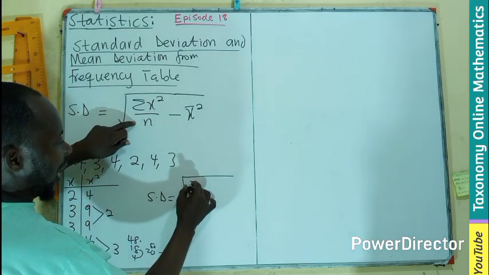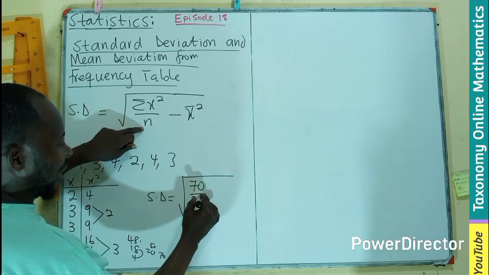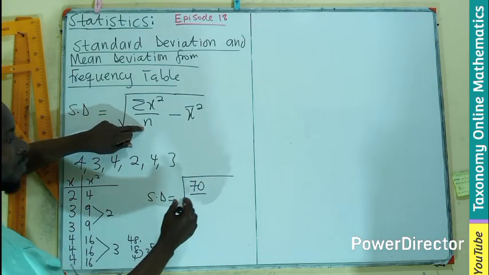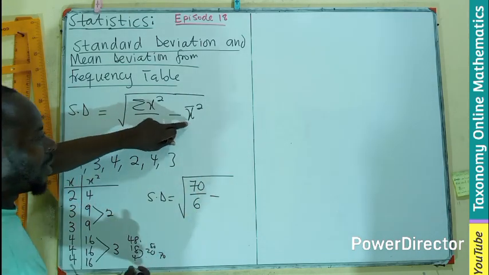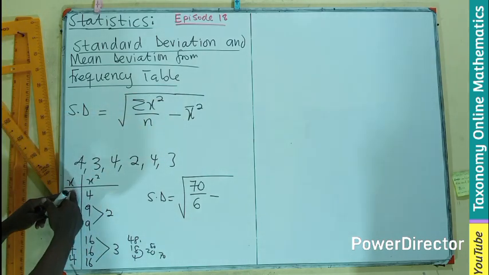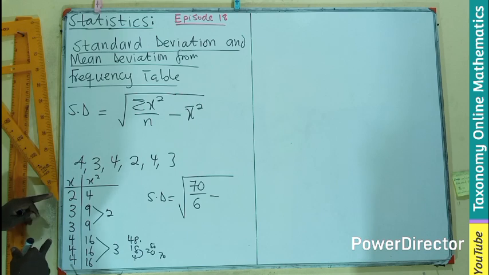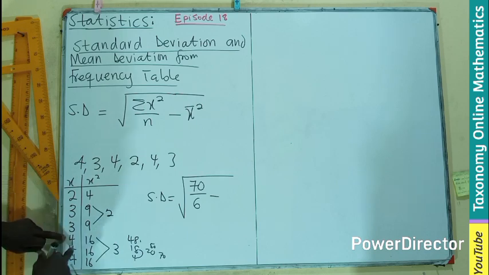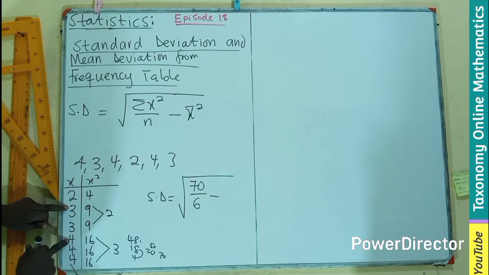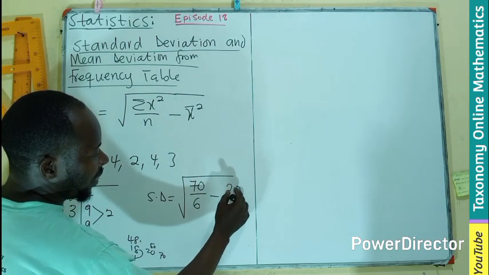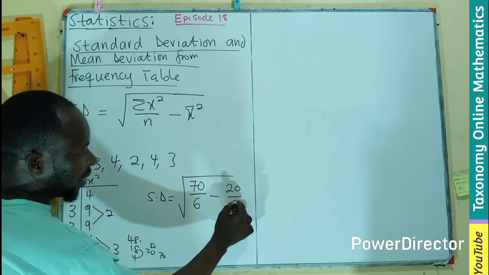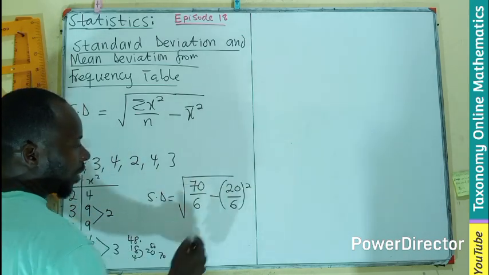That is 70 divided by the number of data, which is 6, minus the mean squared. The mean is the addition of all these numbers divided by the count, so 20 divided by 6, all squared.